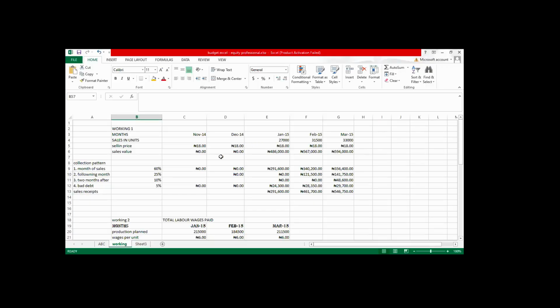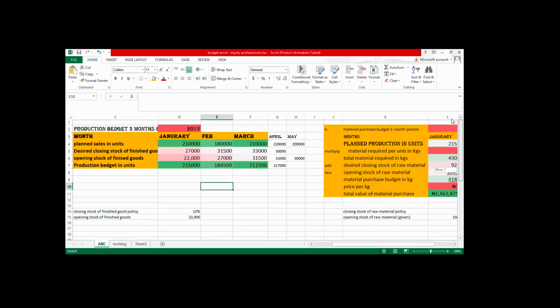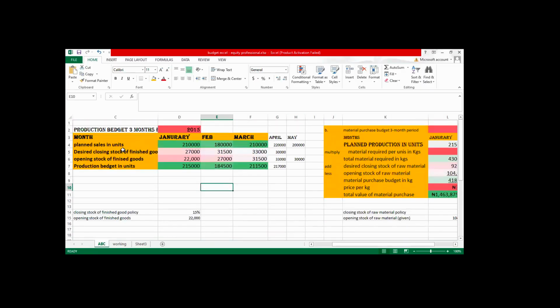Let us go to the first working phase. Our plan says, look at it.